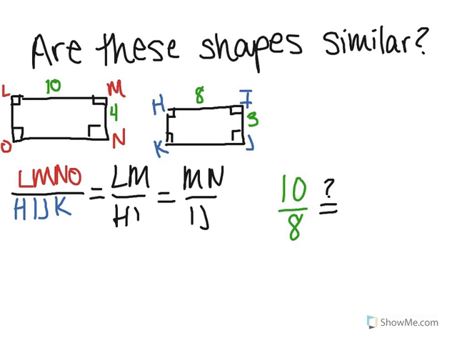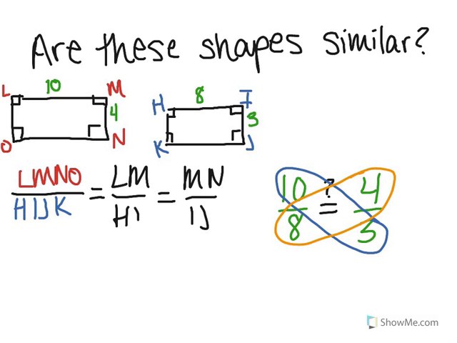LM corresponds with HI, yes, okay. Now MN my side length was 4, and IJ was 3. Okay, to see if these are equal ratios, I'm going to use my cross products.